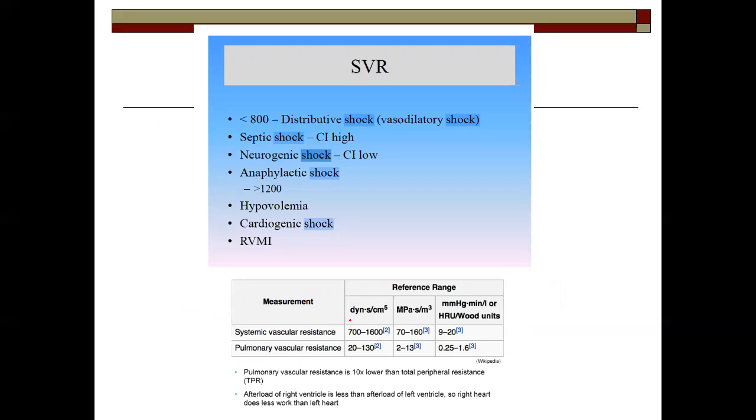So normal systemic vascular resistance is measured in what are called dynes. And there is a mathematical formula, but I don't expect anybody to know what the mathematical formula is. But normal is 700 to 1600 dynes, which equates to about 9 to 20 millimeters of mercury.